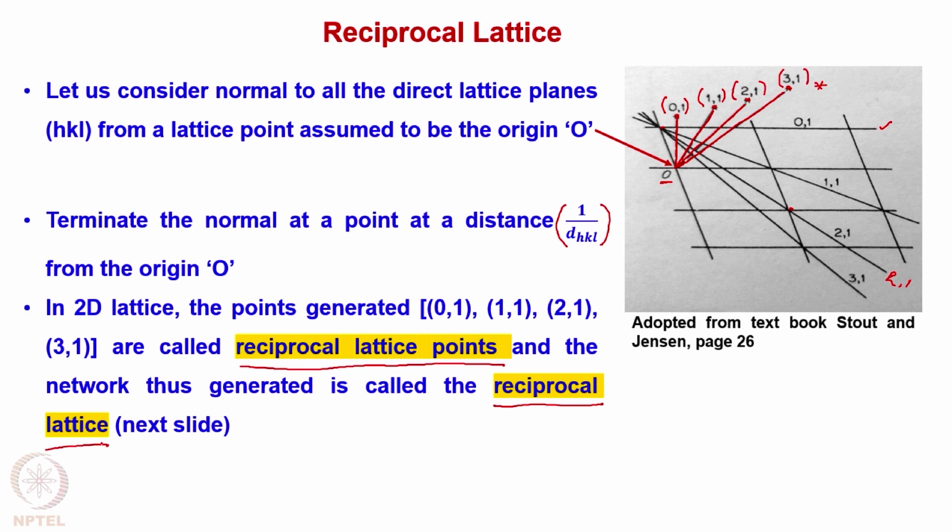So these lattice planes are now converted to lattice points in the reciprocal space, and that is why these are called reciprocal lattice points. And if we construct the same in 3 dimensions, it will generate a 3D network, and it will be called the reciprocal lattice.